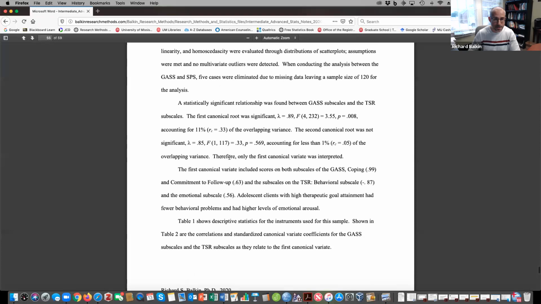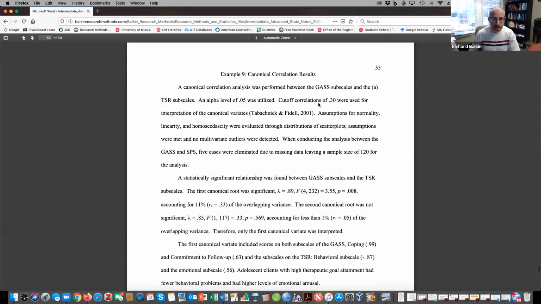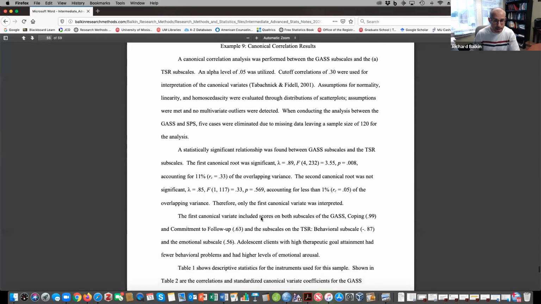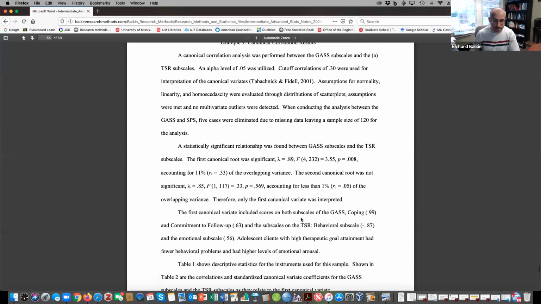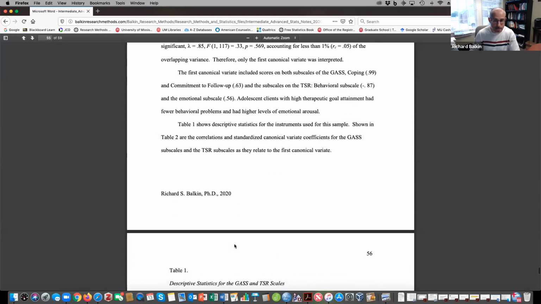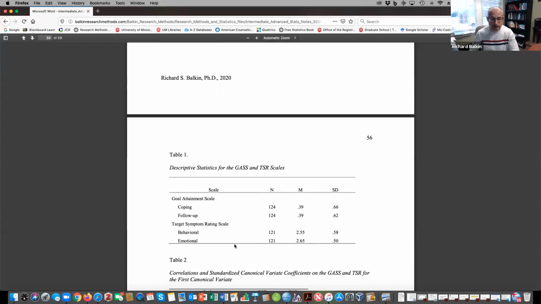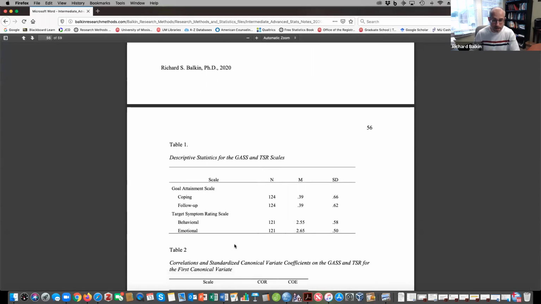You can see how I report that here. I mention the cutoff of 0.3 being used. I talk about the statistical significance of the model and the first canonical variate being significant and the values associated with that. Then I include a table. You can see a format for how this is written.